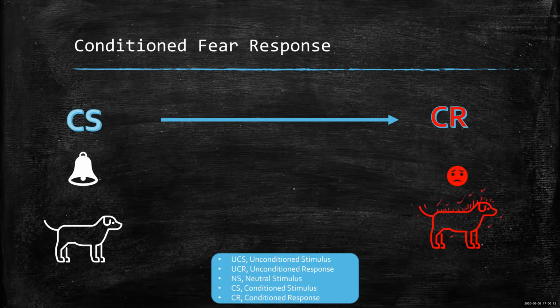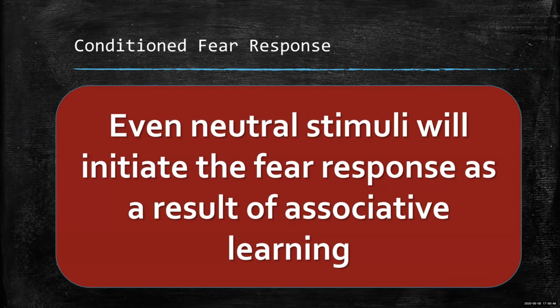In other words, it has learned that shock plus bell equals bad. Bell by itself is associated with the shock. Therefore, when the bell rings, the dog is anticipating that a shock will come, and it will display frightened behavior even when a shock is not there. So even neutral stimuli will initiate the fear response as a result of associative learning.